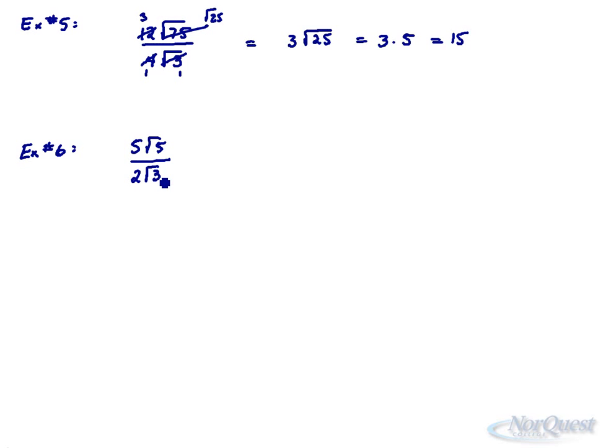And since we have one of our rules being broken, we're not allowed to have a radical in the denominator. So the way we get rid of the radical in the denominator is we multiply top and bottom by that radical. Root 3 is in the bottom, so I multiply top and bottom by root 3.